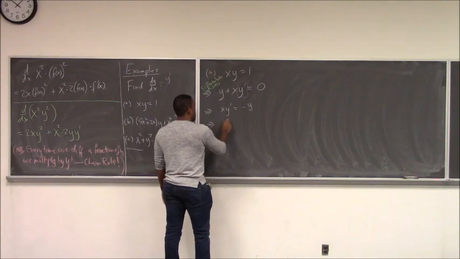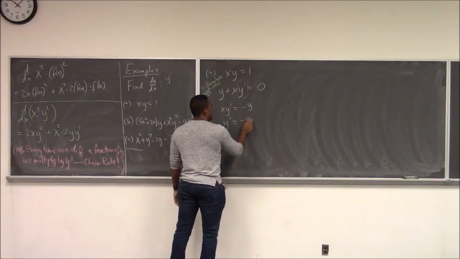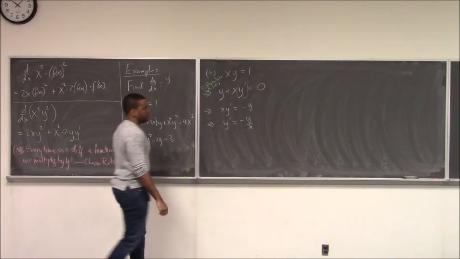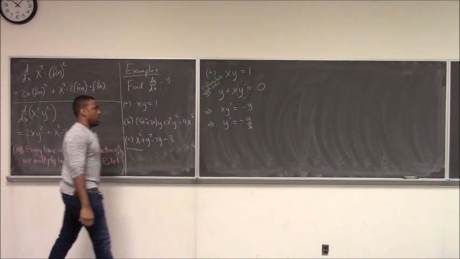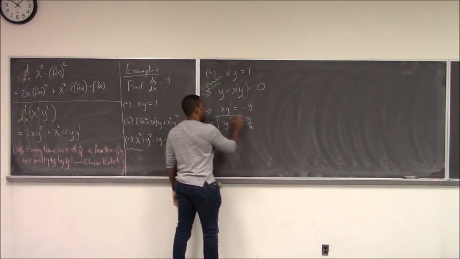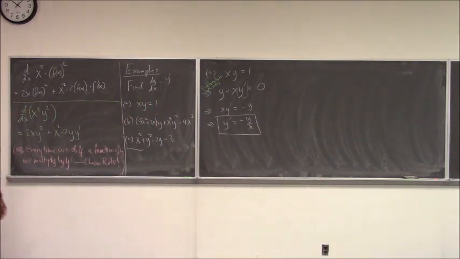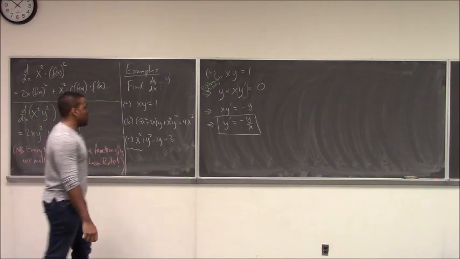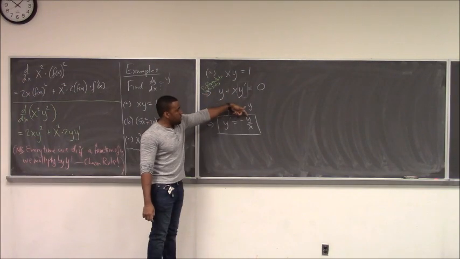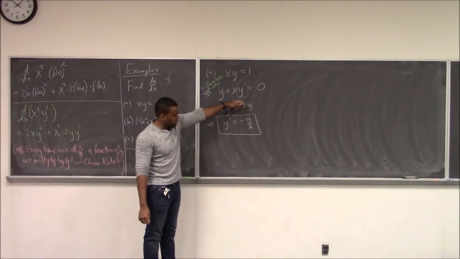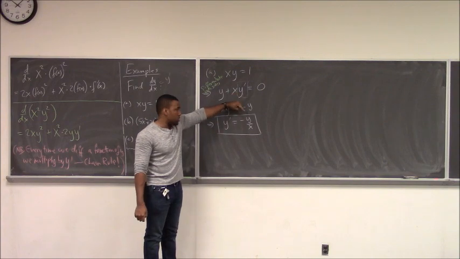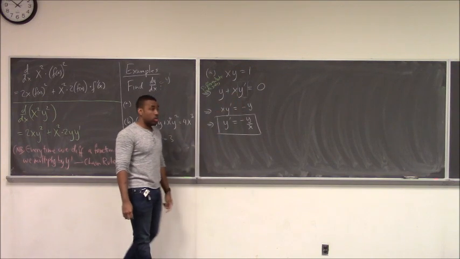And so that would be my y prime is minus y over x. And I could leave my answer like that. So sometimes when you're differentiating something, you will have the dependent variable as a part of your answer. Now we're going to talk about the consequences and what you need to do in that situation, but this is one way.